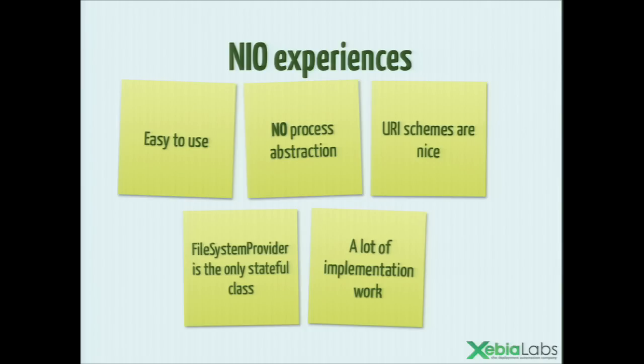The only downside is that it's quite a lot of implementation work. Path itself is an interface, and if you look, for instance, in the OpenJDK code, there's quite a lot of implementation in there, and you need to write all that yourself again. A lot of code looks quite the same for different kinds of paths, but there's no sharing.